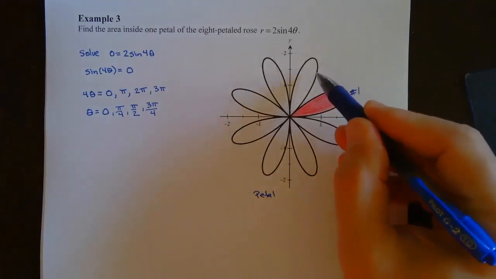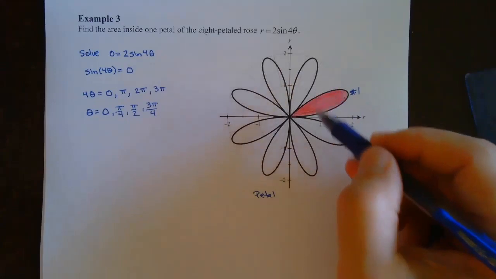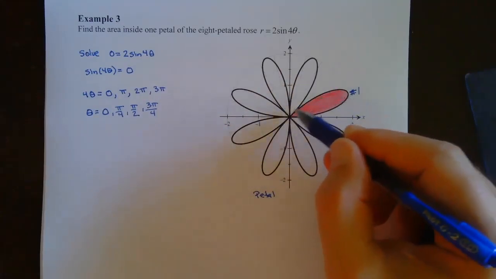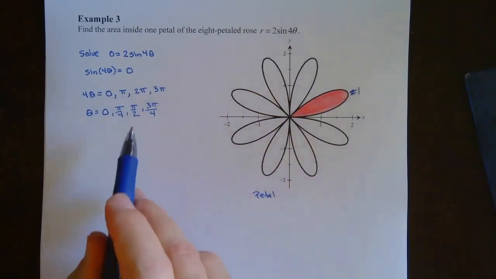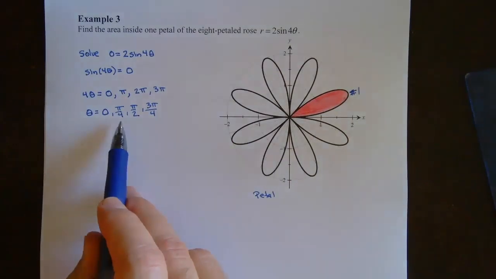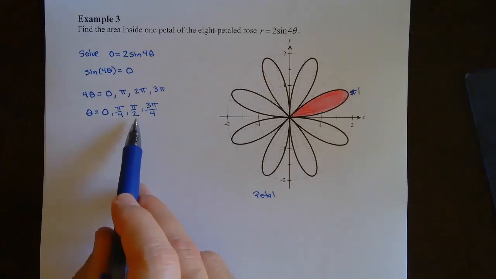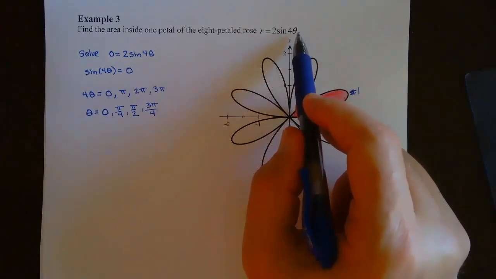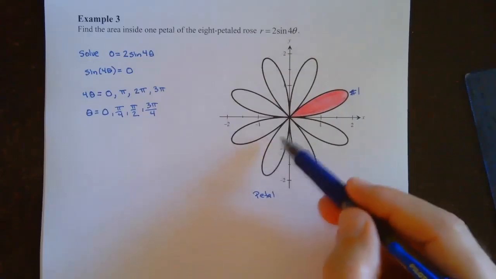This one, I'm going to tell you right now, doesn't happen between angle pi over 4 and angle pi over 2. I actually think it's this one down here, because it starts here, comes around, and kind of works its way around. Between pi over 4 and pi over 2, the angle 4 theta would be between pi and 2 pi, and sine is negative there, so you're going to get a negative radius.